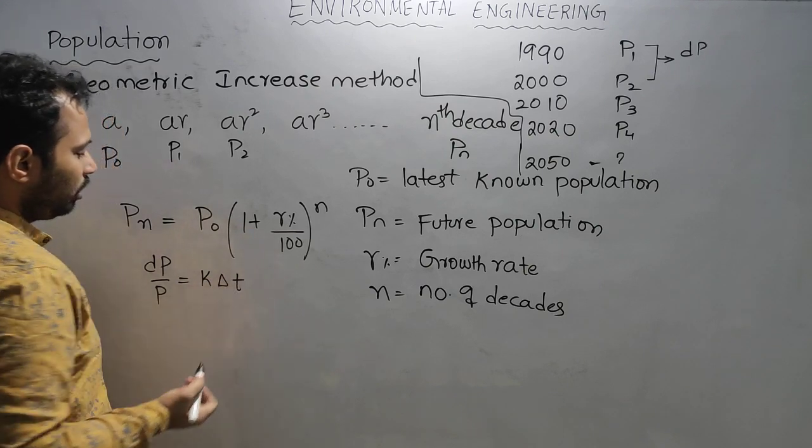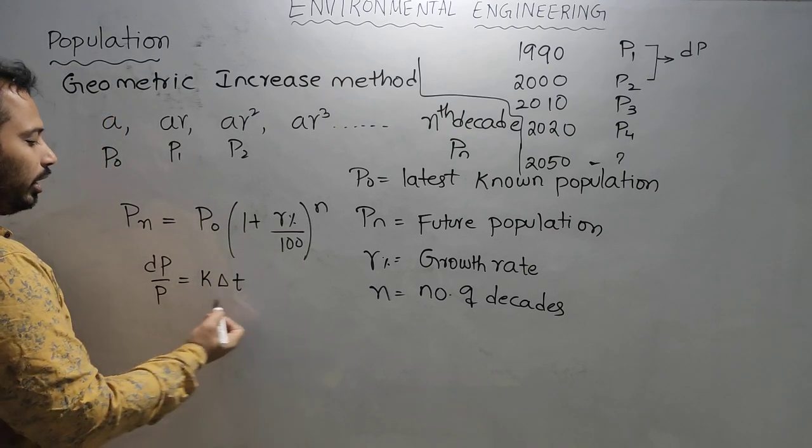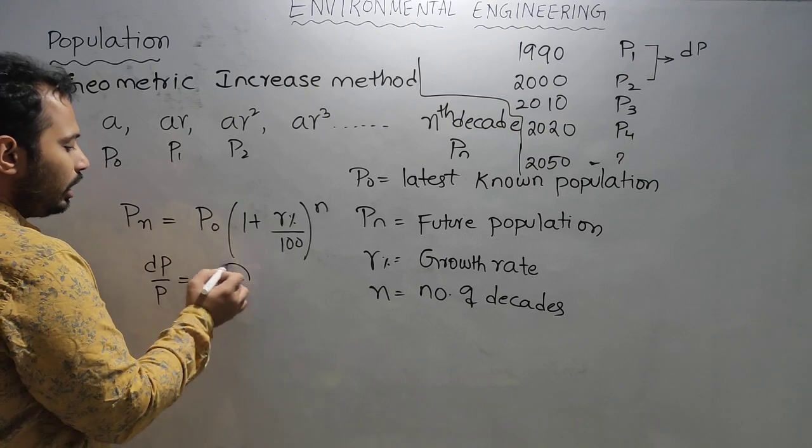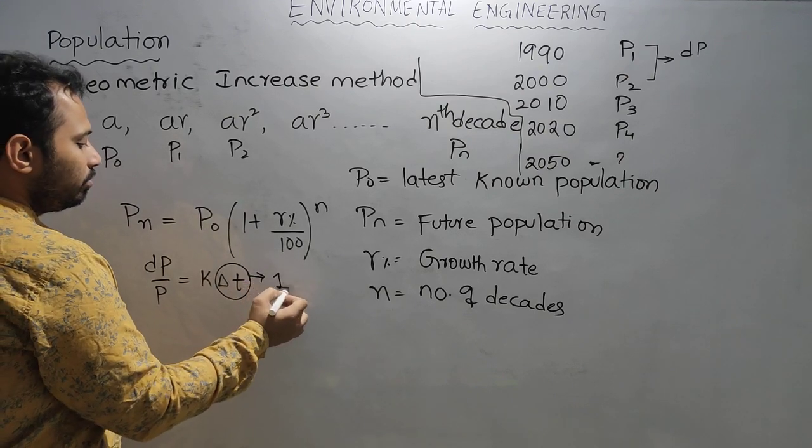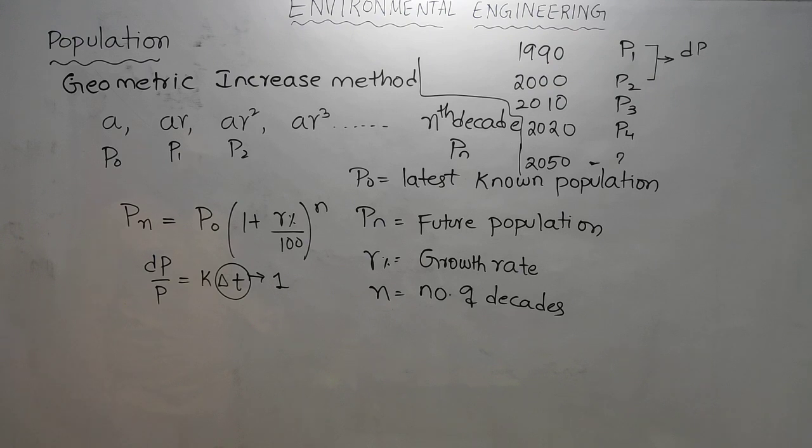If delta t is 1 decade, then k is nothing but dP/P.